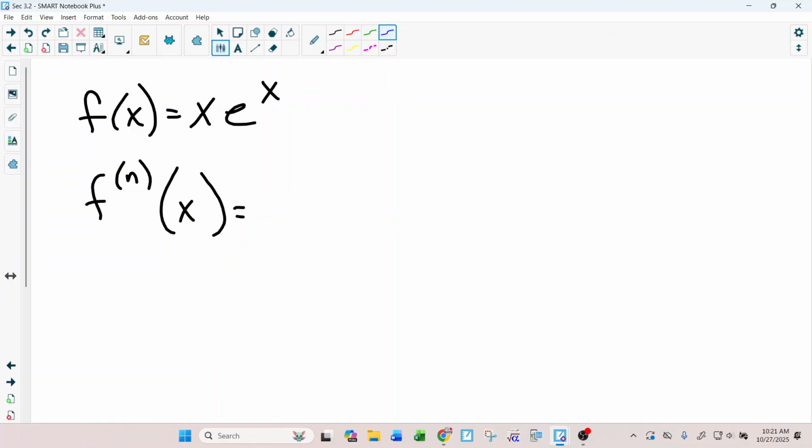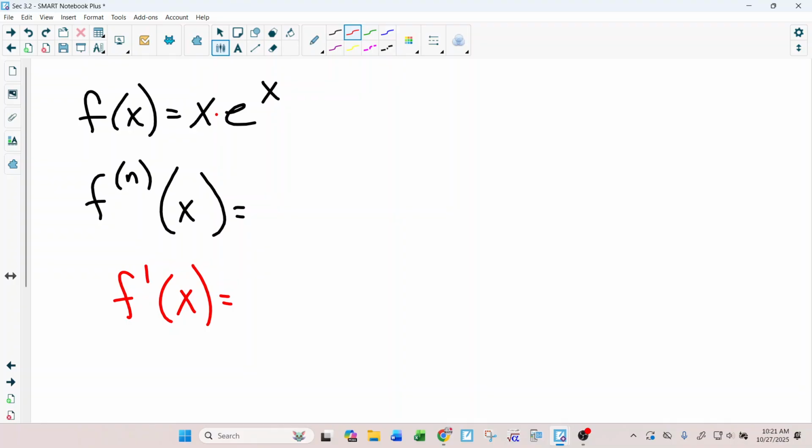Try the other one. Let's say we have x times e to the x. Now, before we get to the question over here, let's find the first derivative. What would be the first derivative of x e to the x? Try writing that down. Product rule.